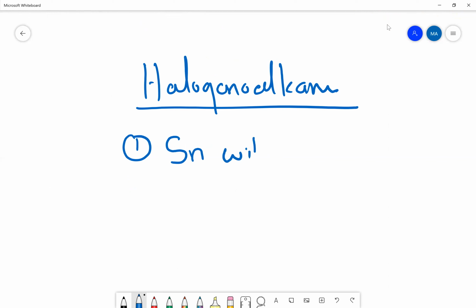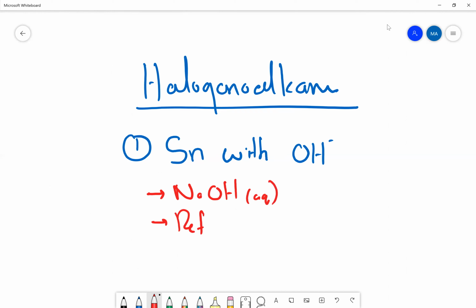SN with OH. So when OH ion will displace a halogen from the halogenoalkane, in that case, you will need sodium hydroxide, aqueous, and reflux. So this OH ion basically comes from the sodium hydroxide.